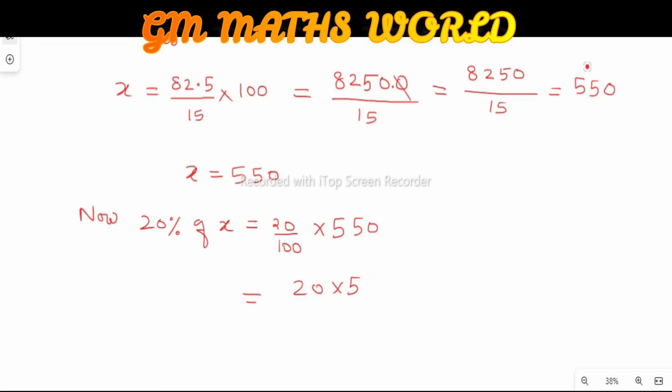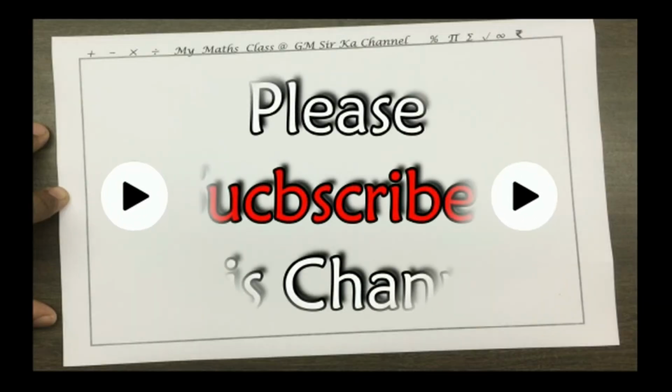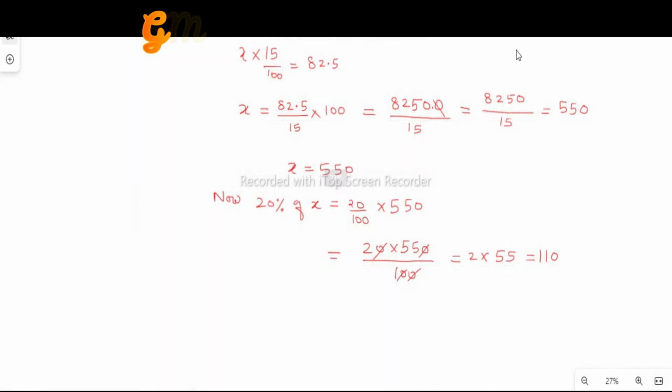So it is 20 into 550 by 100. Both the zeros from the numerator and denominator will be removed, and the remaining is 2 into 55, which is 110, and that's it.